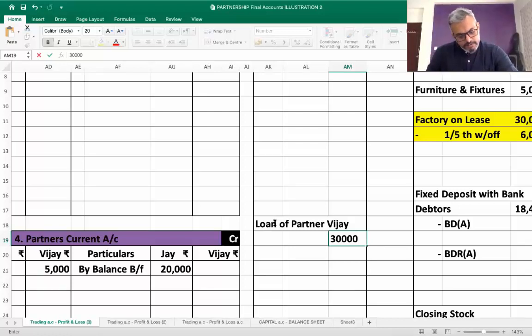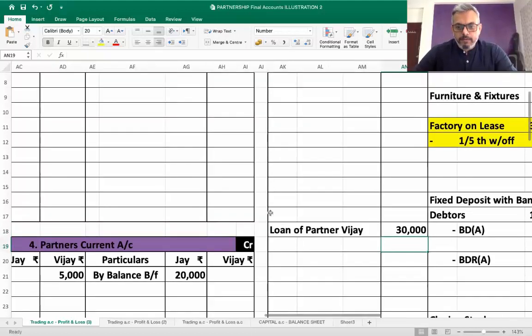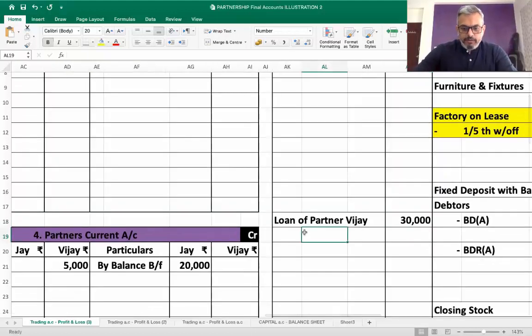Let me check what is done in the textbook. Okay, separately done. So we write in the outer column. 30,000. Now we write the date over here, so it will help us in calculation of interest. Loan was taken on 1/10/2016.